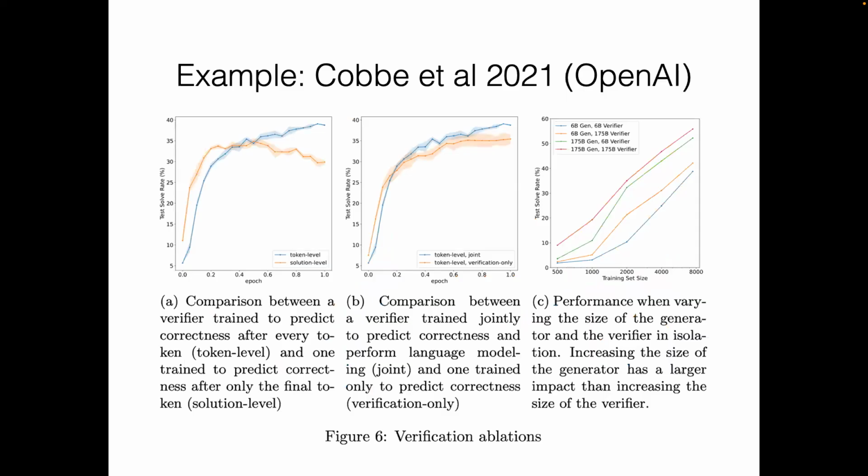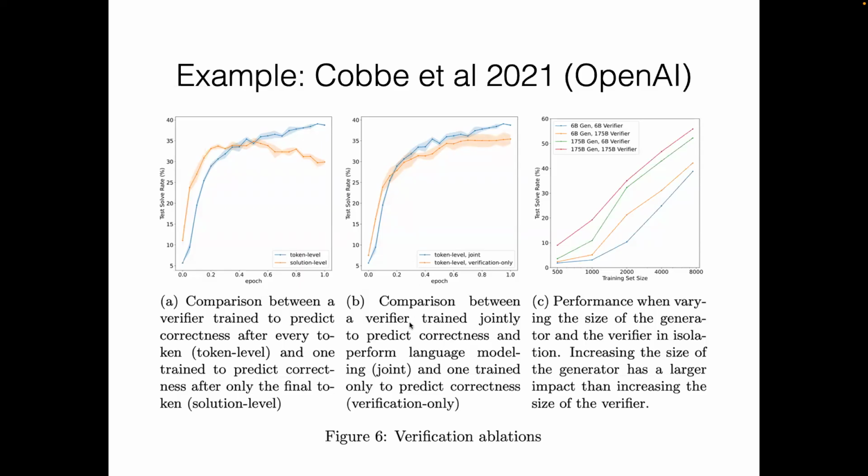So then here are a few different ablations, like I was mentioning. Here on the left, they have the difference between only training the verifier to produce the label at the end versus producing it at every single token. Interestingly, you can see a big difference, and it looks like with the token loss, it's still increasing monotonically.